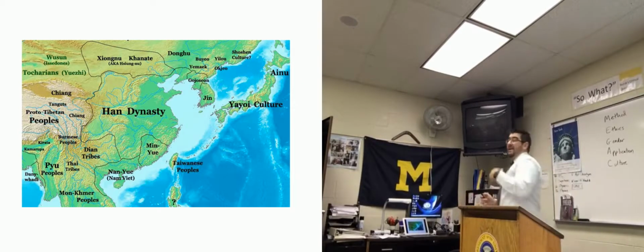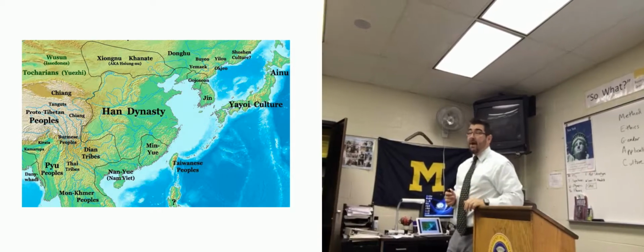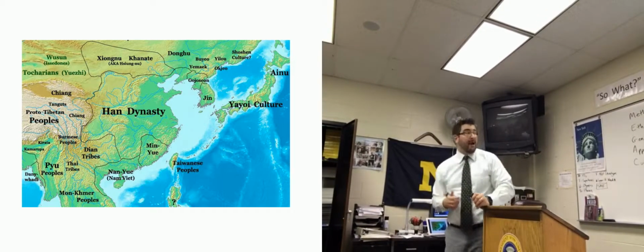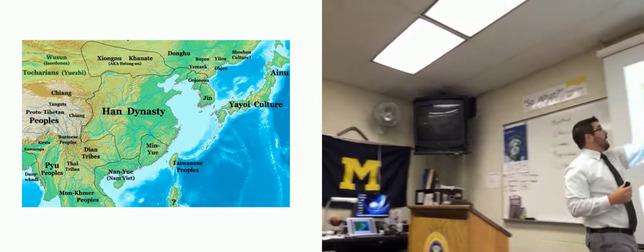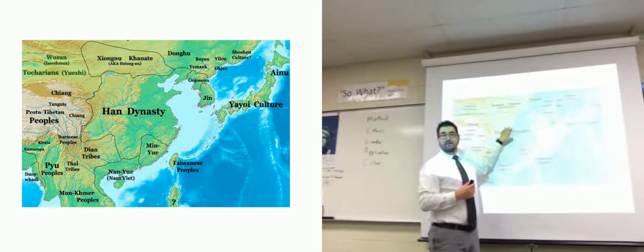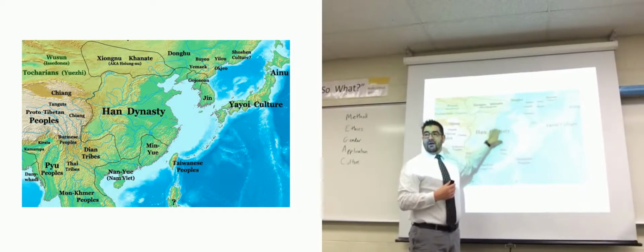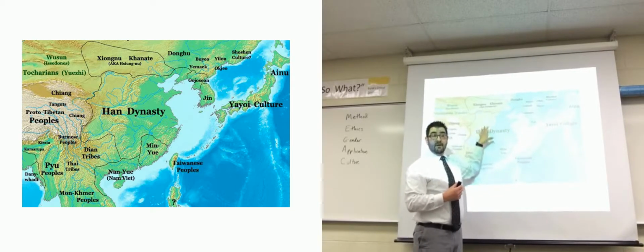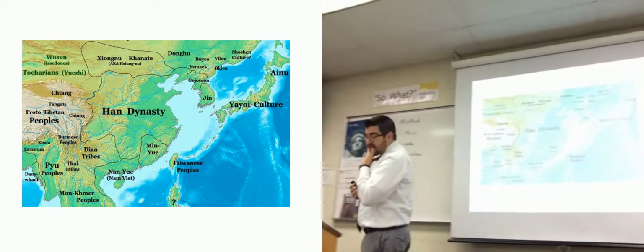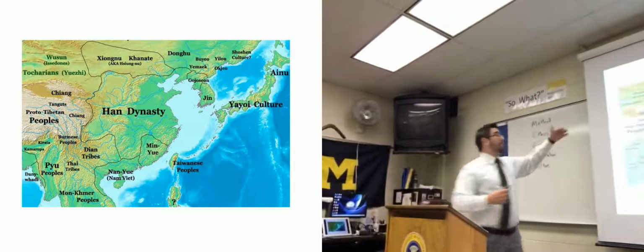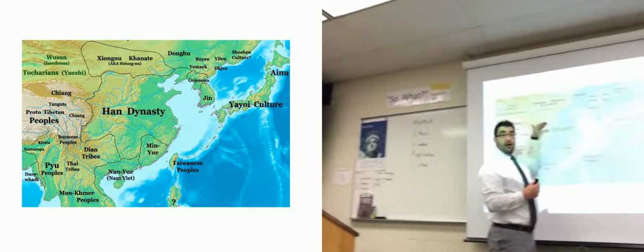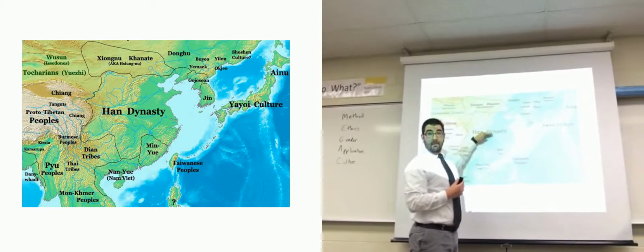We're going to talk about internal problems that each of these empires are going to deal with. When I say internal problems, I mean issues that are happening within the Han Dynasty that are challenging the central authority that's long been keeping everything together. And then we're going to talk about some external problems, problems from outside of the empire that are threatening the empire.